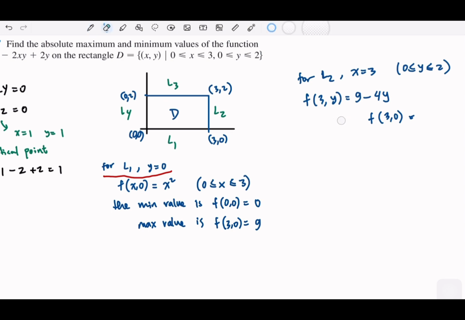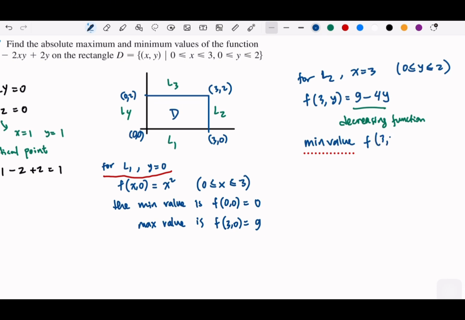This is a decreasing function. So the min value is f(3,2), and the max value is f(3,0), which is 9.